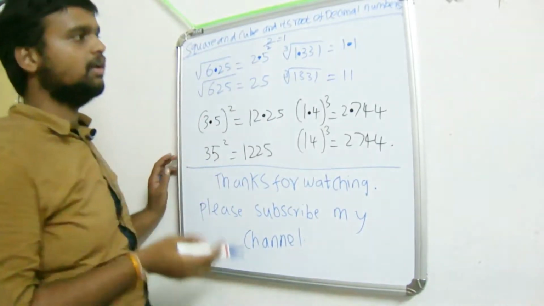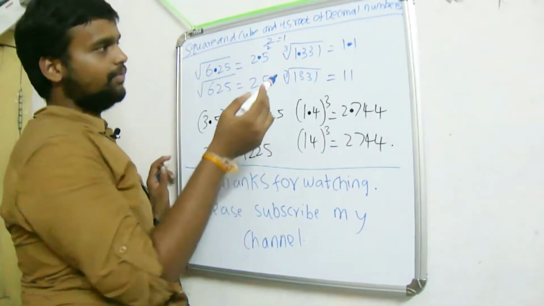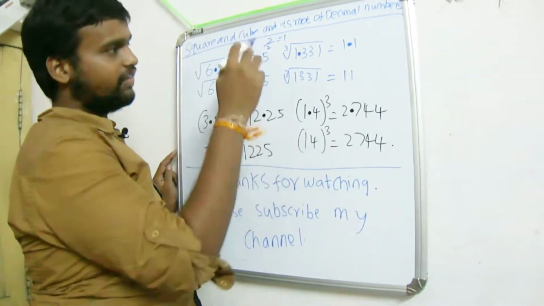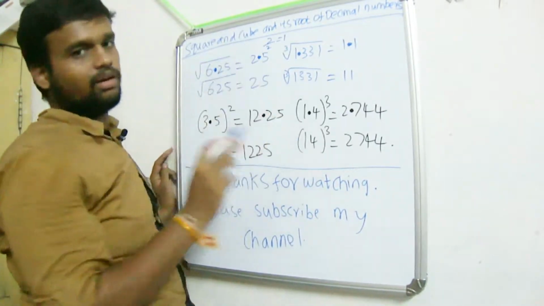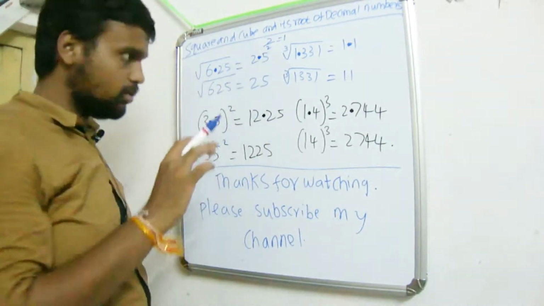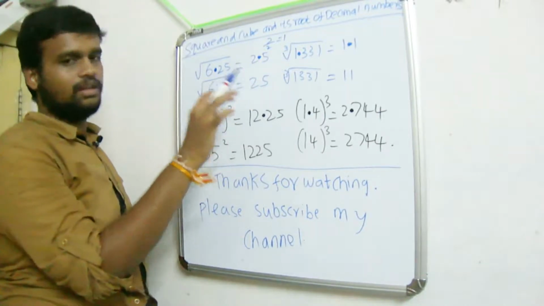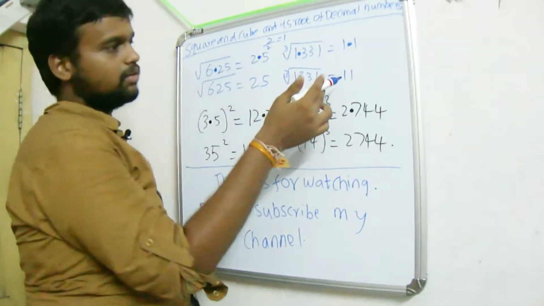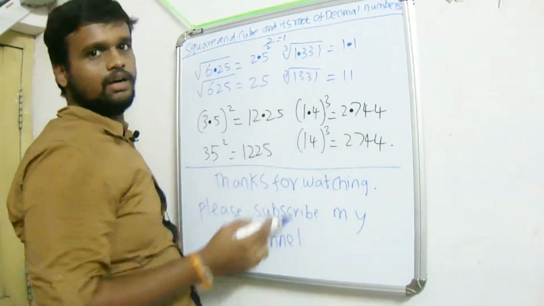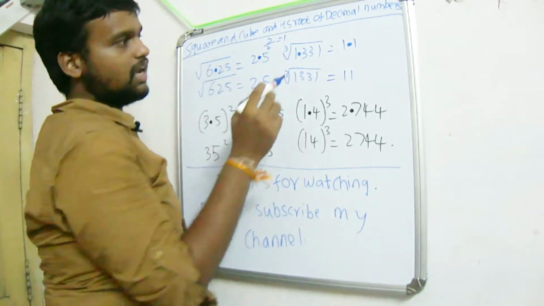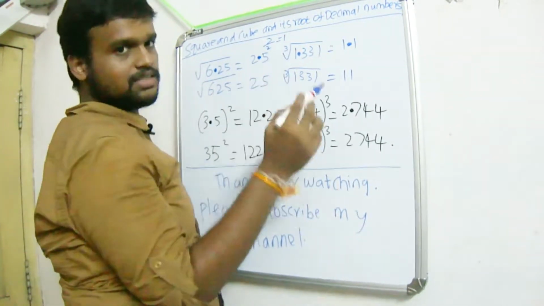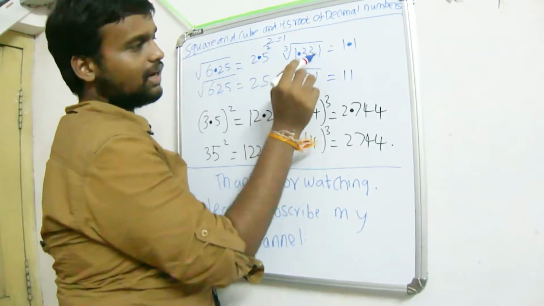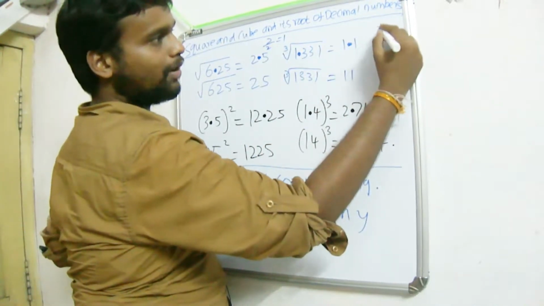So that's the concept. Similarly, in the case of cube, if you take the cube root of 1.331, you should neglect the decimal point and write the cube root of 1331. Then the cube root would be 11. Now you have to see how many digits exist after the decimal point. There are 3, so the number of decimal digits is 3.